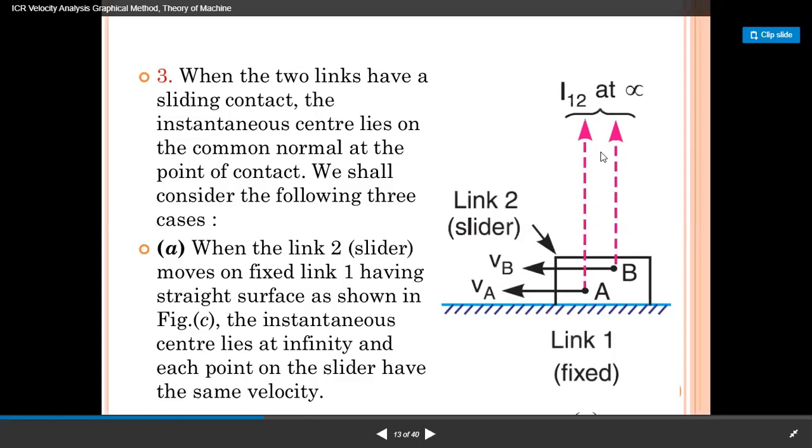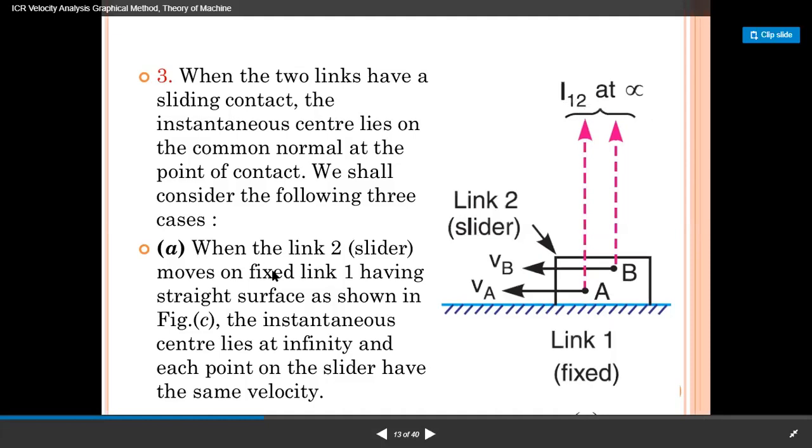So you can't get a common intersection point for the instantaneous center. So we can draw a perpendicular line from the slider and write the instantaneous center I12 at infinity, right?